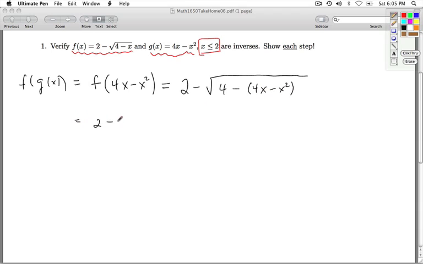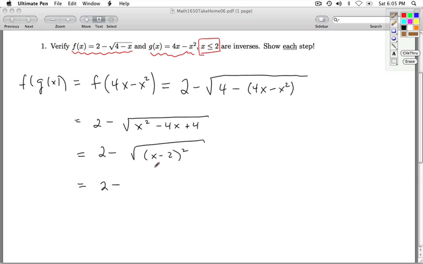Now when I go through to simplify this, I'm going to have 4 minus 4x plus x squared, or in other words, I'll get x squared minus 4x plus 4. This will be 2 minus the square root of, this is x minus 2 quantity squared, which is 2 minus the absolute value of x minus 2.